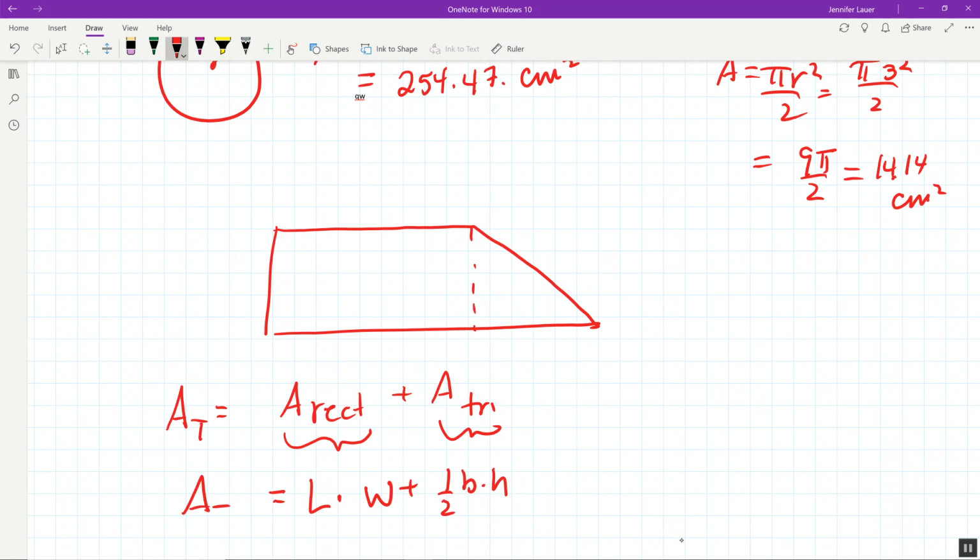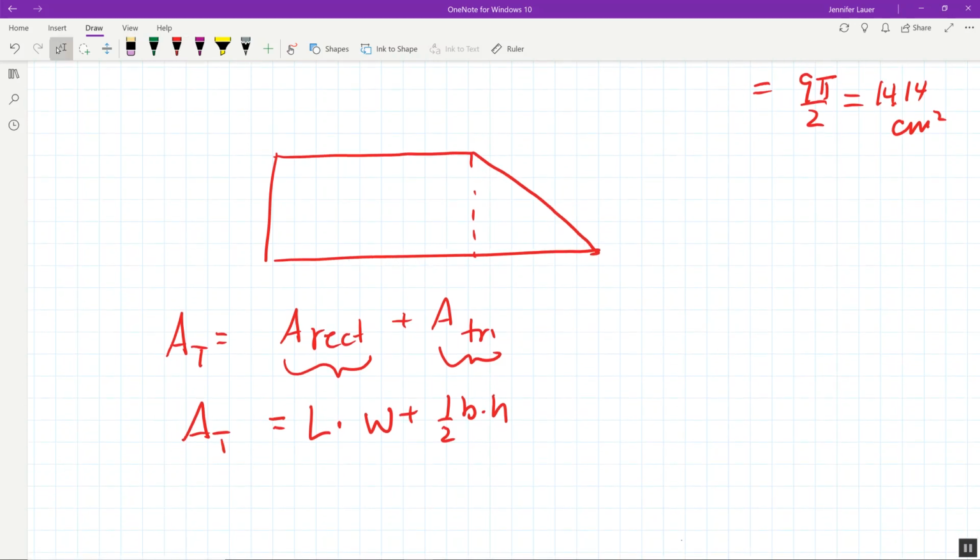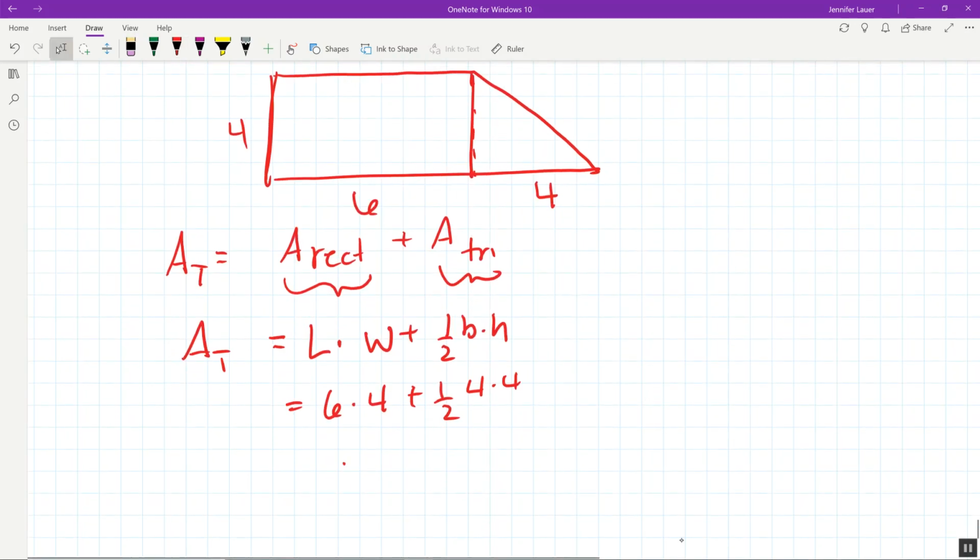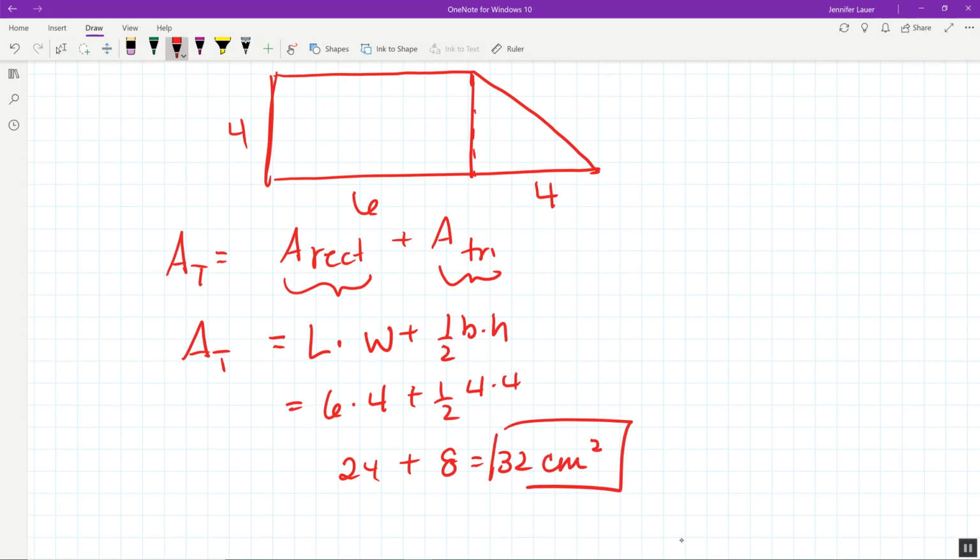So once we do this, we can just go ahead and plug that in. Let's go ahead and put some numbers on this guy. This is 4, this is 6, and this is 4. We can see the length of the rectangle is 6, the width is 4, the base of the triangle is 4, and we can see that the height is 4 as well, because this would be the same as this. So this would be 24 plus half of 16 is 8. So our answer would be 32, and let's say we're in centimeters, it would be centimeters squared. So that's an example of a combination.